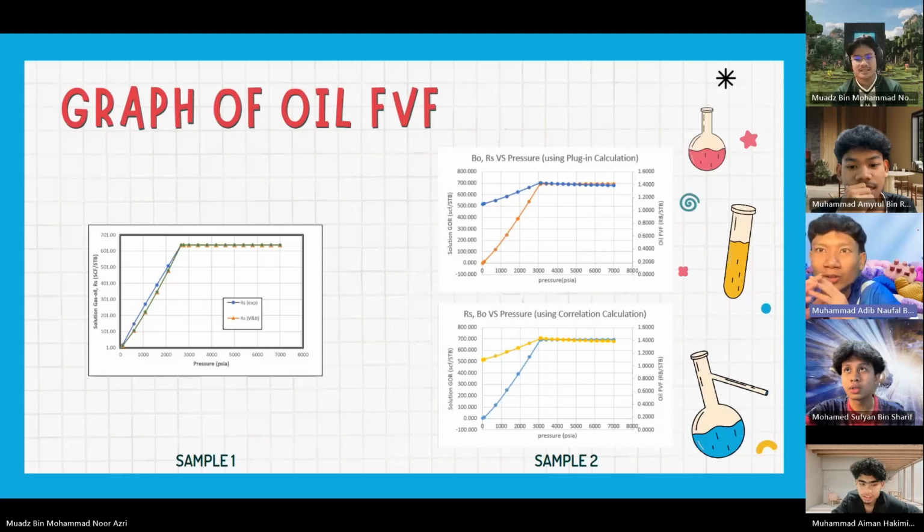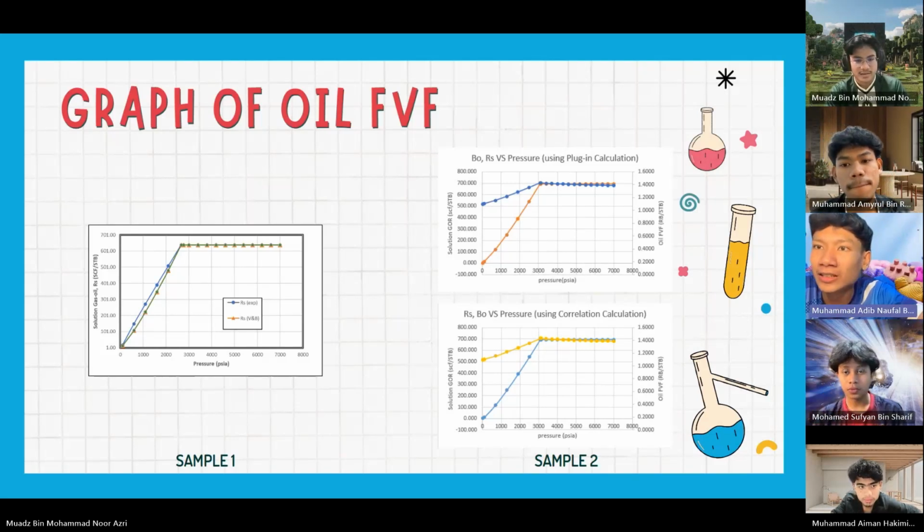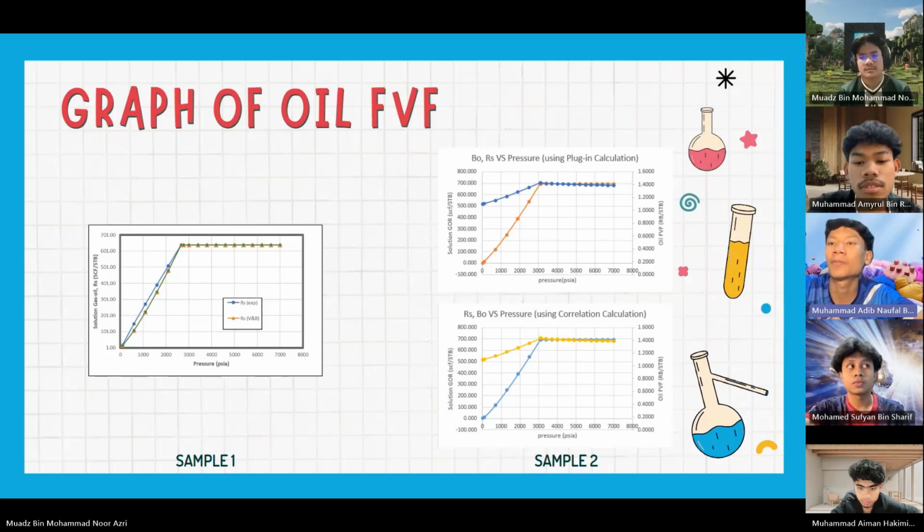Okay, we go for graph of oil. There are three graphs that we get from the Excel. First graph, you can see sample 1, the solution gas oil versus pressure graph. Second graph we get is solution GOR versus pressure. And the third one is solution GOR also versus pressure.